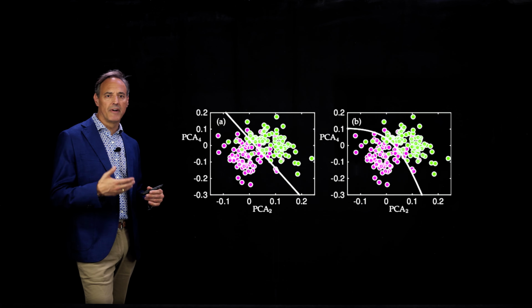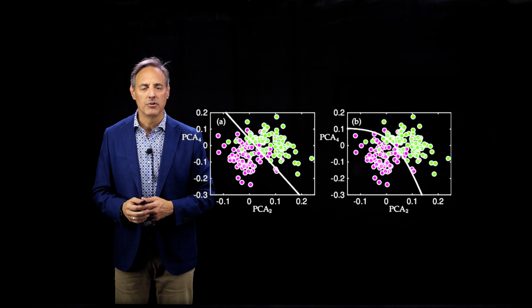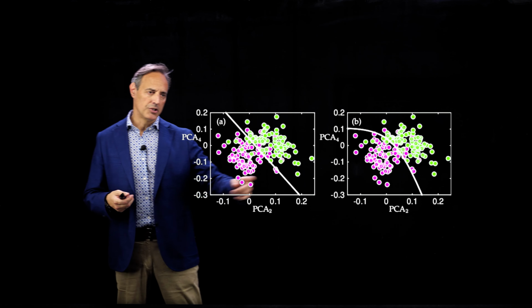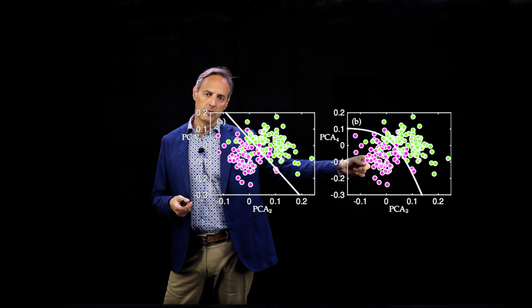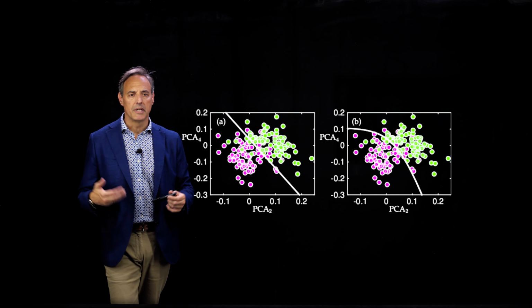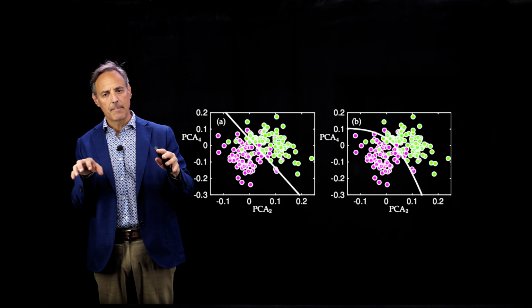You can do something very similar to this, which is called quadratic discriminant analysis. So instead of fitting a line, I can fit a parabola through there, which would look something like this. So these are all options available to you in terms of these discriminant analysis techniques, which allow you to take data and start to separate them.